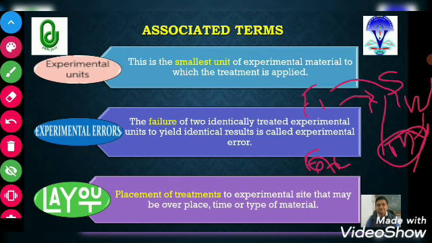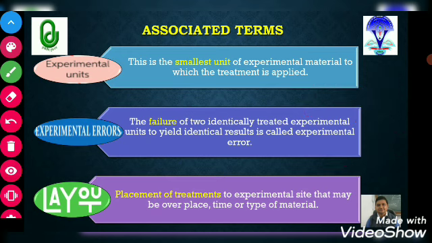Then again the same feed in rainy season and recorded the milk yield. So this treatment is being applied over different periods of time. So that is also called layout of design. So before conducting an experiment in design of experiment, you have to prepare your layout.